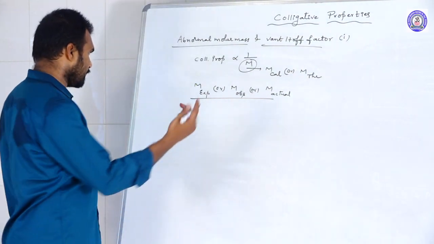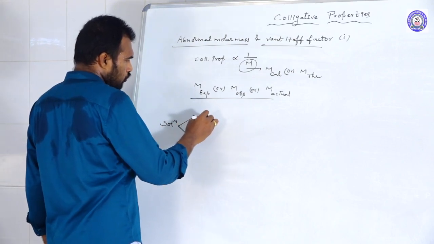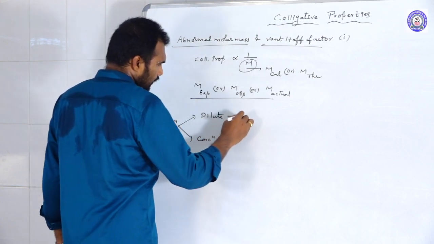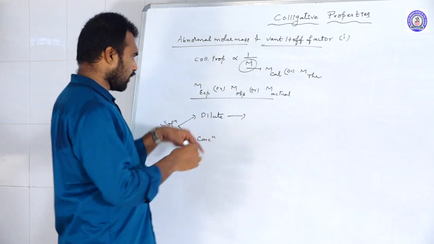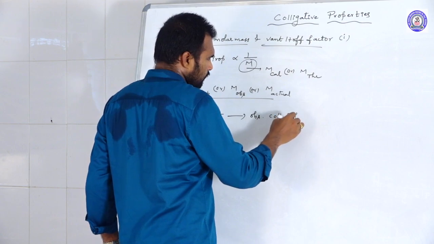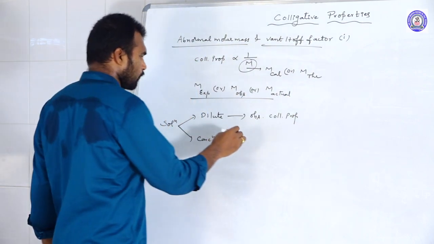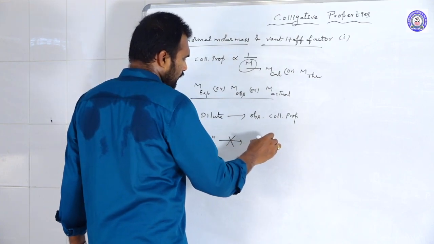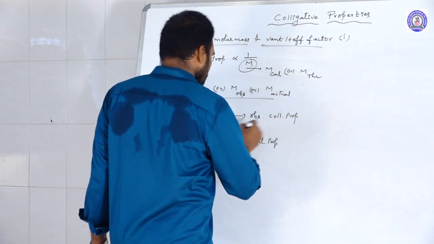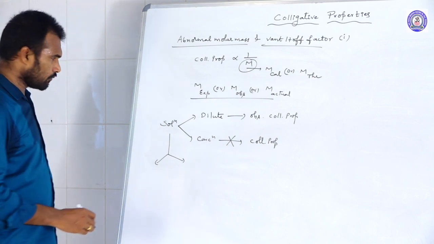If you take solutions, as we know, dilute solutions and concentrated solutions, in dilute solutions we can observe colligative properties, whereas in concentrated solutions we cannot. Already we discussed. And one more thing, solutions are ideal or non-ideal based on obeying Raoult's law.